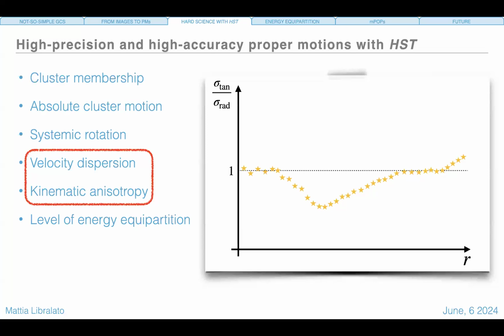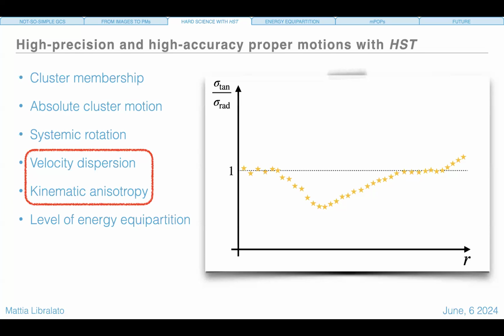For example, in the core, as you can see here, the core is isotropic. This radial anisotropy has been removed efficiently by two-body encounters. The stars exchange energy, they lose memory of what they were doing before, and after a while, everything is isotropic. Then you see the radial anisotropy start to increase because there is a compromise between the isotropizing process and the primordial anisotropy.